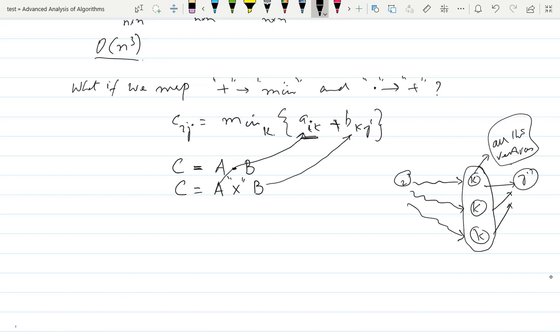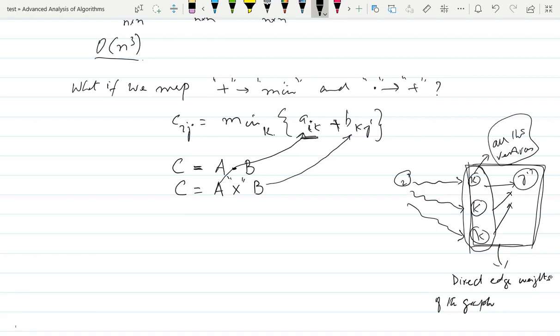If we look at only this portion, what does it represent? It represents the direct edge weights of the graph.